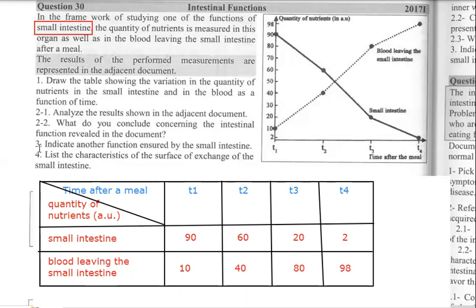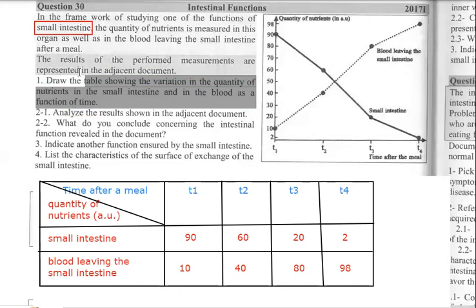We surely must add a title for it. You can get the title from the question. Since they asked us to draw a table showing the variation in the quantity of nutrients in the small intestine and in the blood as a function of time, this is the title.